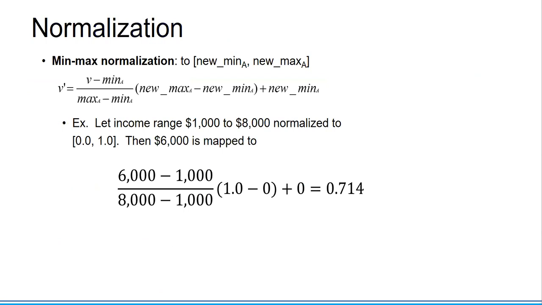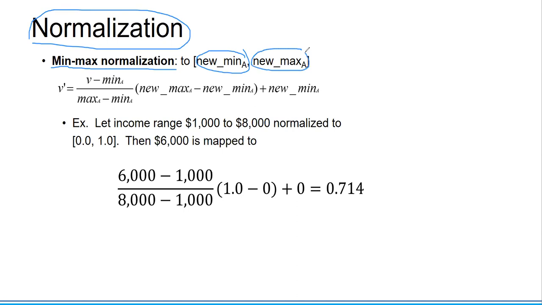First, I would like to explain about data normalization. There are some methods for normalization, such as min-max normalization. We want to change the old value into a new value by looking at the new minimum and the new maximum.